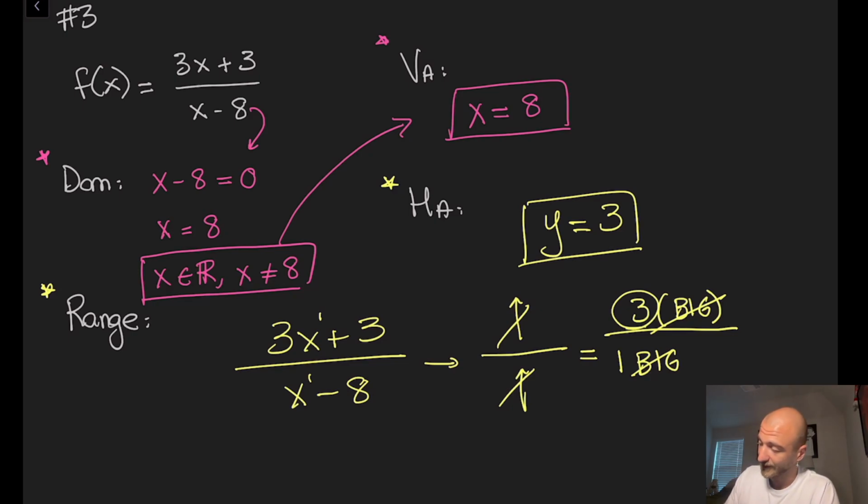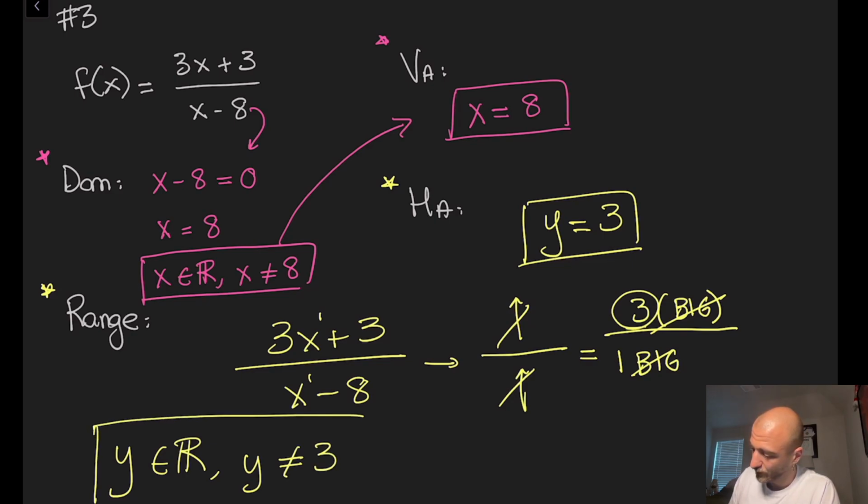That tells us, if that's the horizontal asymptote, the easiest one to figure out, the range of y values for this is all real numbers, such that y does not equal 3.